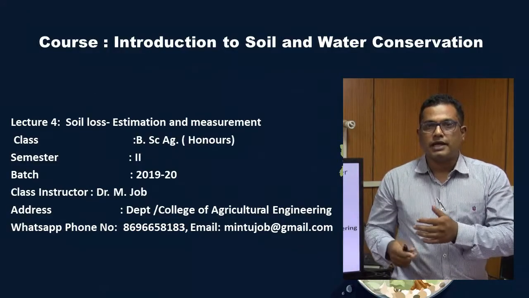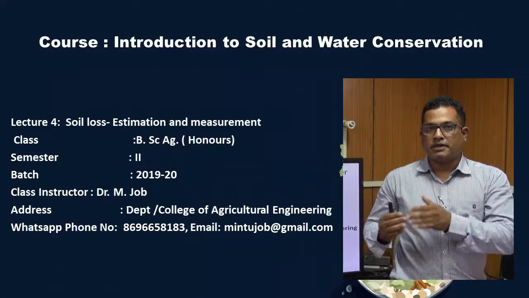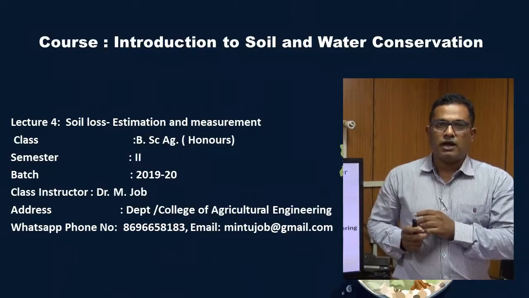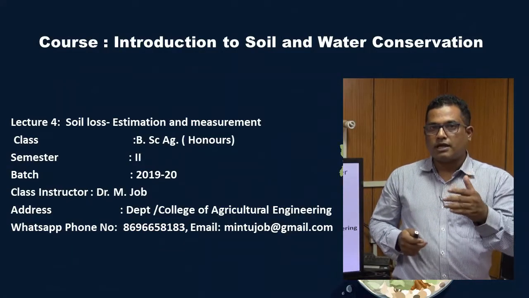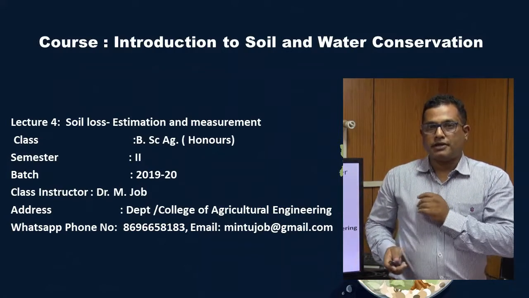So what I mean to say is, through this peg method we can actually measure, not estimate mind you, we can measure the soil loss for an extended period of time. So in this example, we have got it as 15 ton per hectare per year.